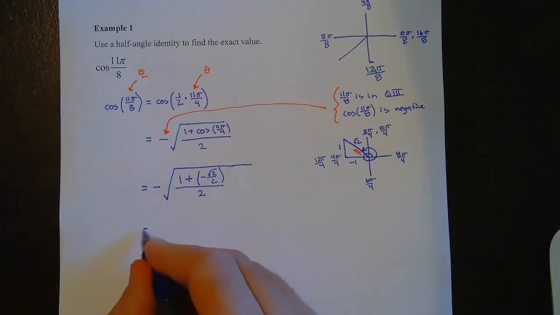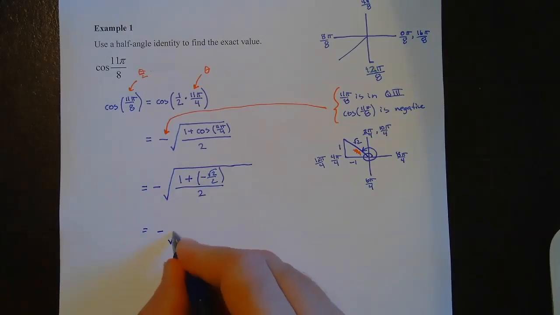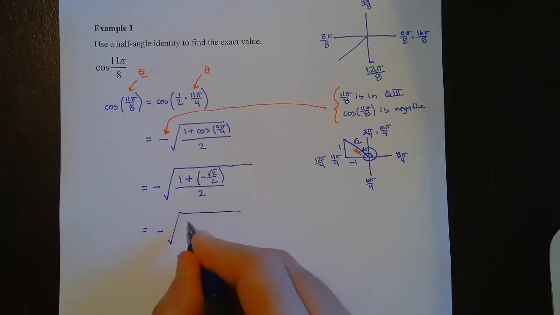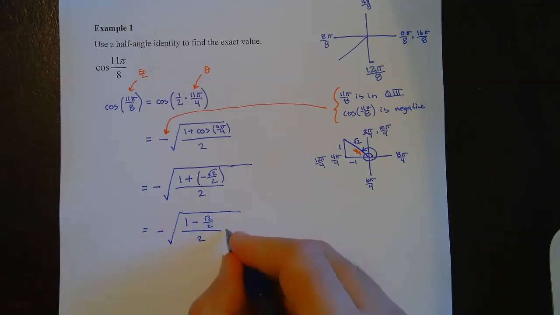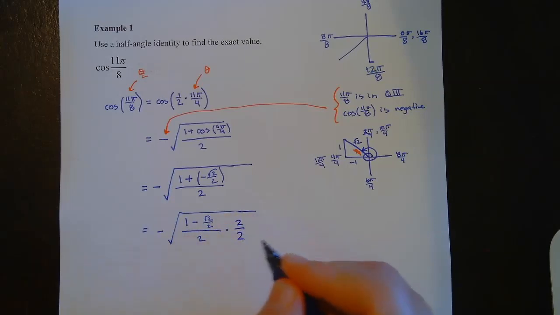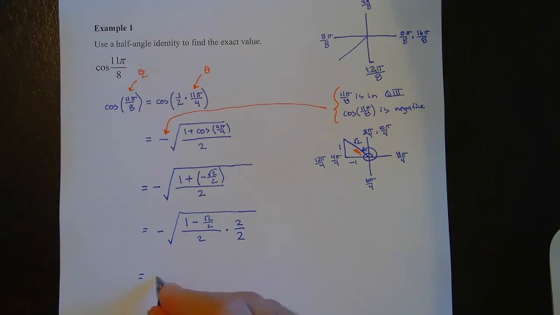I'm going to take a few steps to show you everything. So this is 1 minus the square root of 2 over 2. We have a complex fraction, so I'm going to multiply within this square root by 2 over 2. That gives me the negative square root of 2 minus the square root of 2, all over 2 times 2, which is 4.